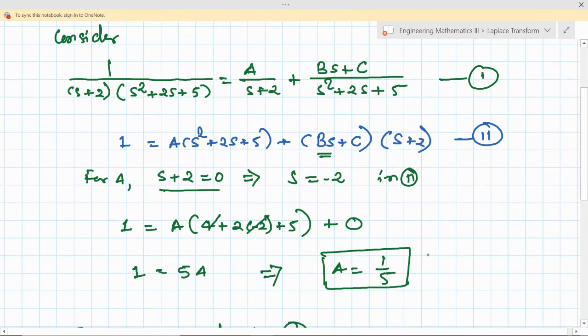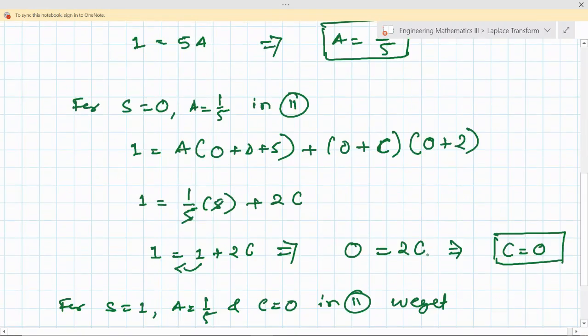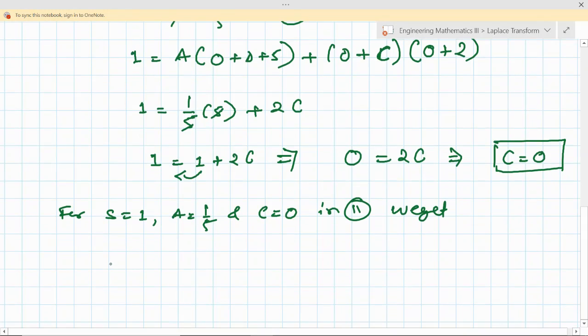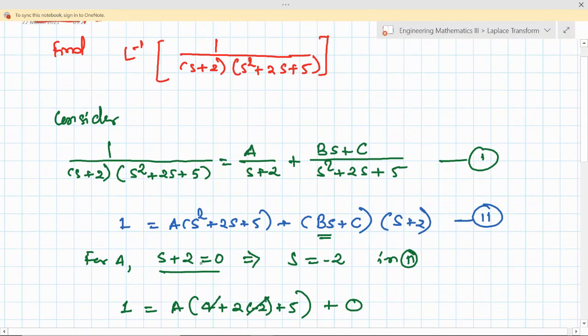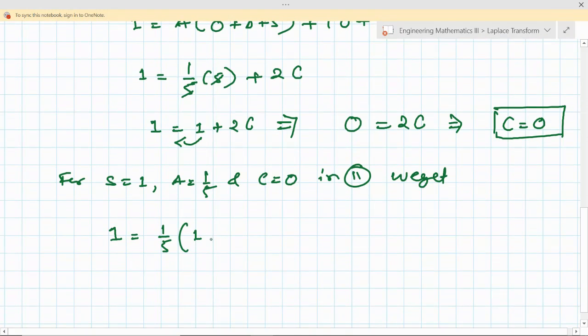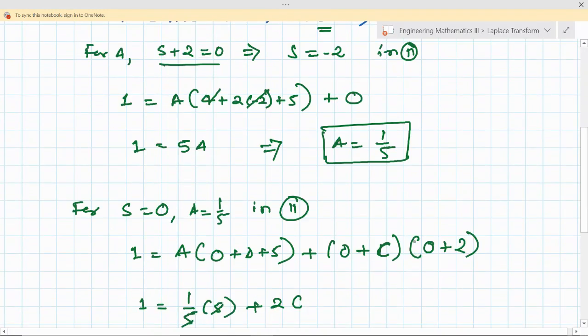Okay, a is equal to 1 by 5, s is equal to 1, so therefore 1 equal to a, which is 1 by 5 as it is, in bracket s is nothing but 1, so 1 square is 1. Say this equation number 2, s square plus 2 into 1 plus 2 is there, and plus 5 plus b into 1 is b, plus c is nothing but 0 into s is nothing but 1 plus 2.